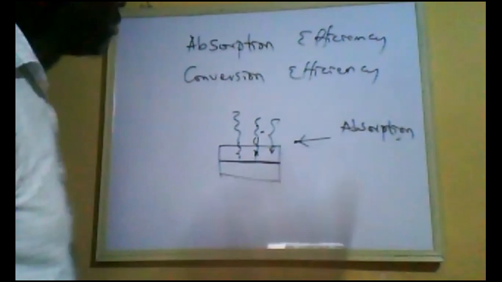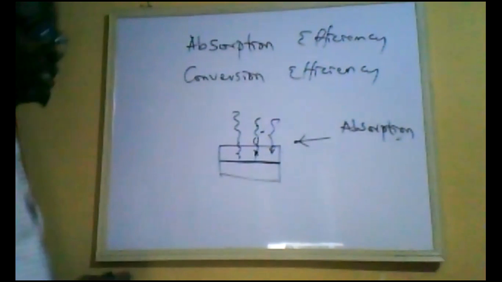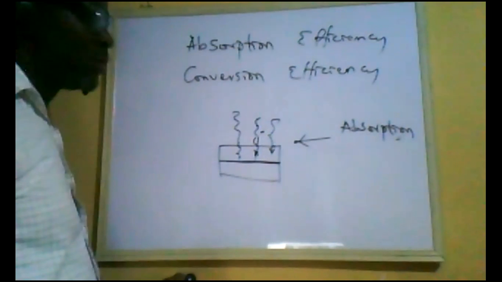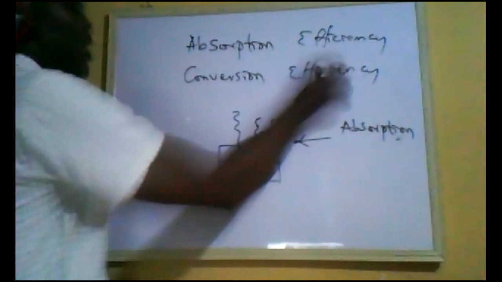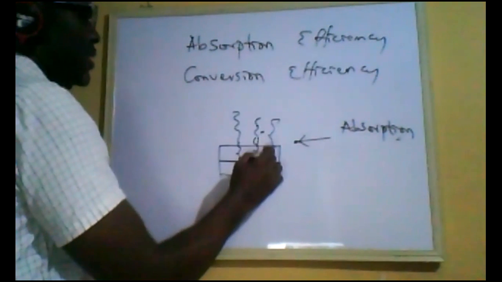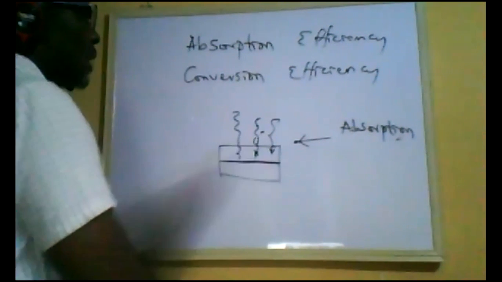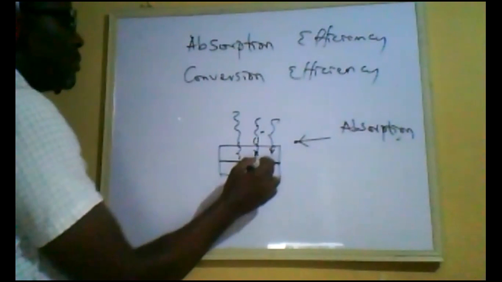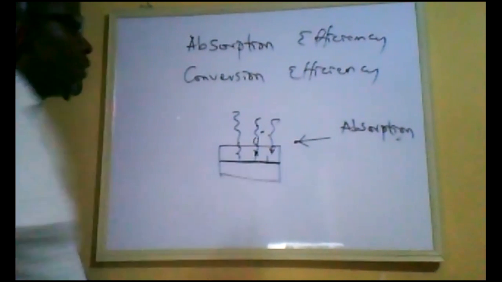They will just pass on and deposit their energy without being absorbed. But the conversion has to do with, in the event that the ones absorbed are changed to light, how much light goes to this film to affect it?